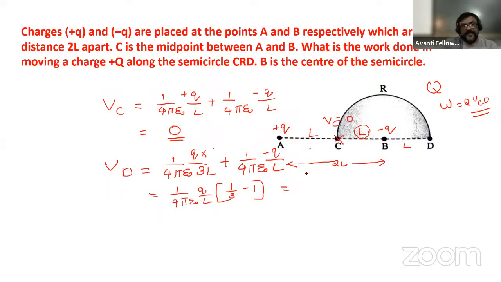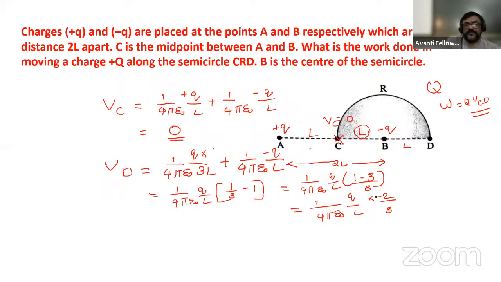What is it? 1 by 4 pi epsilon 0 Q by L into 1 minus 3 divided by 3. So it is equal to 1 by 4 pi epsilon 0 into Q by L into negative 2 by 3.